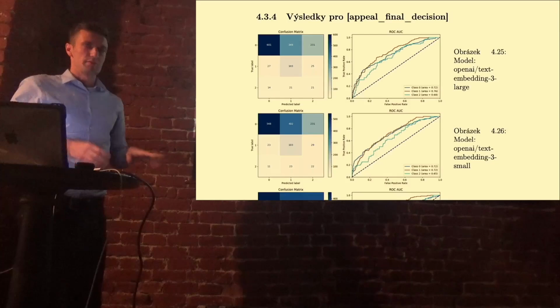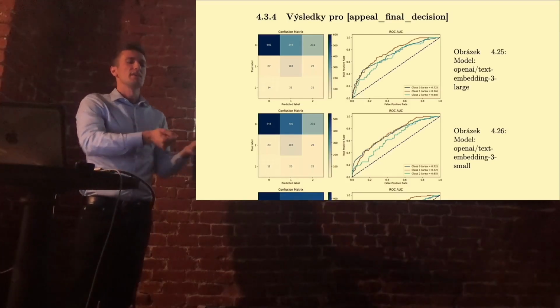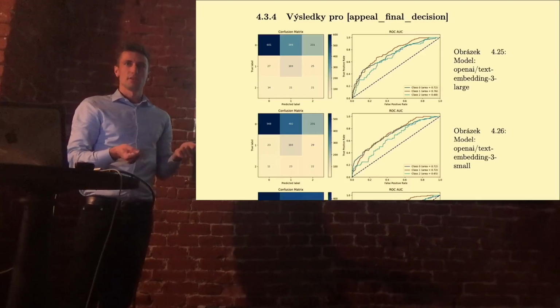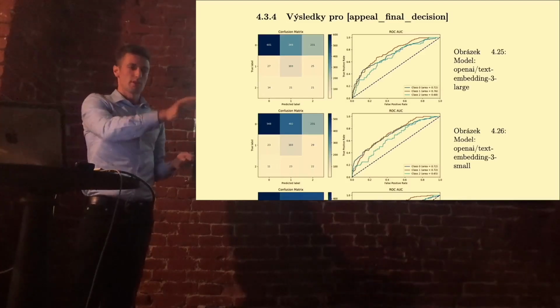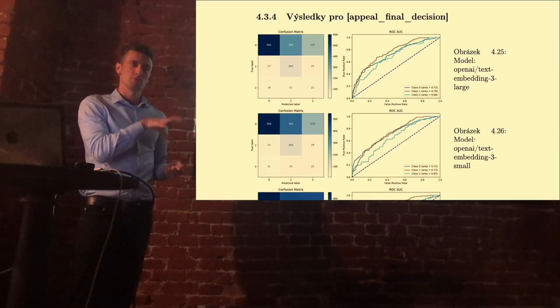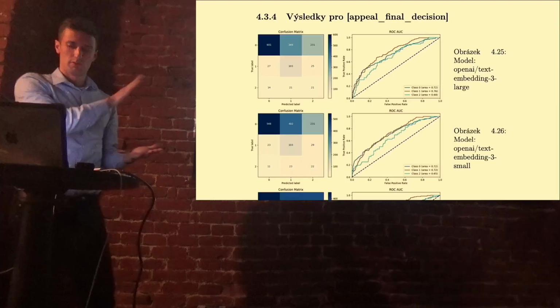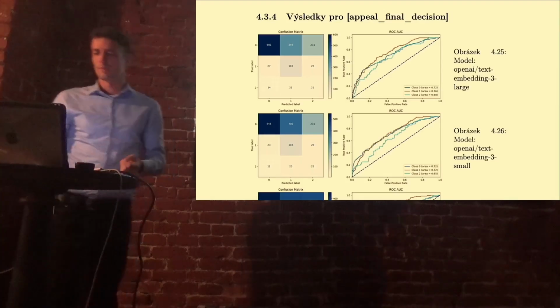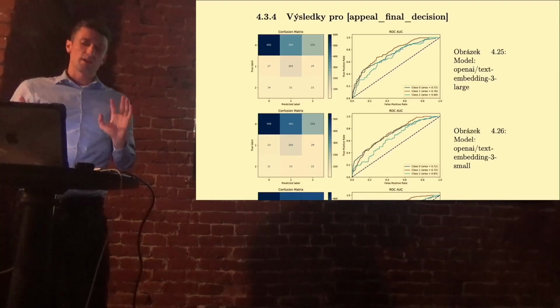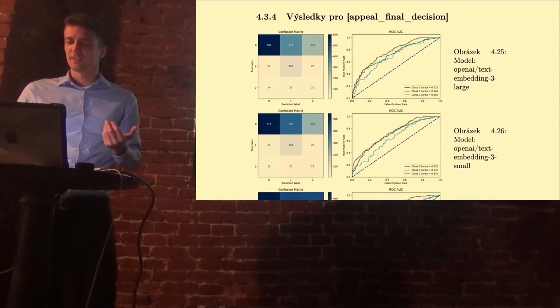It was much better than if you would have 10 lawyers see the decision. They would be much worse at predicting if this case is going to win just based on the decision of the lower or first court.